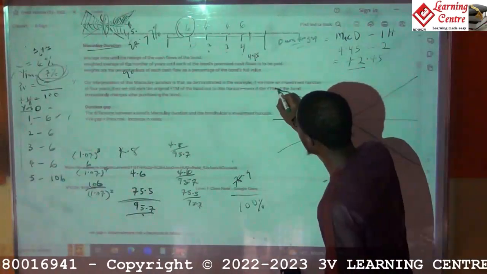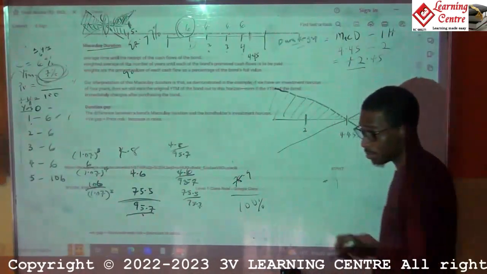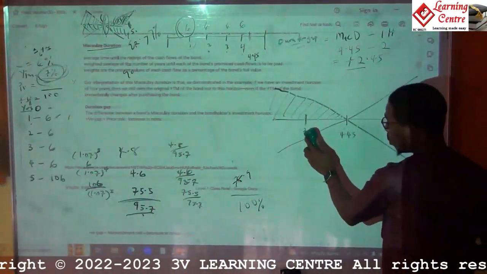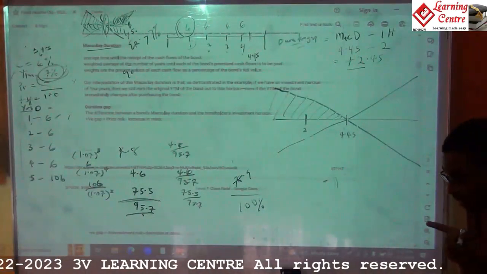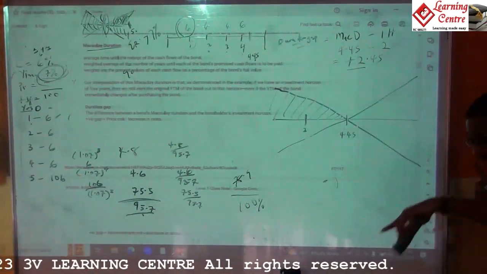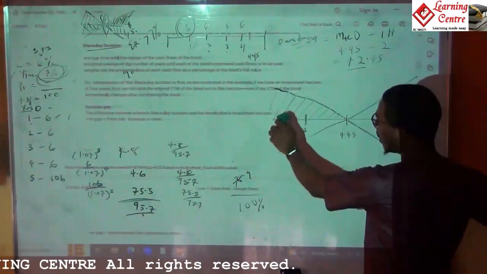Remember, at this point it is your price risk that will overwhelm you. So you are going to pray against an increase in yield. Because if there's an increase in yield, your price will drop and you're going to suffer. Right?